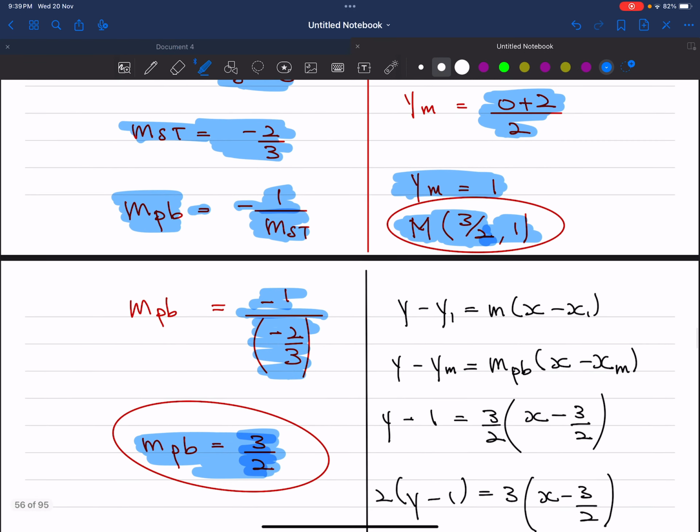Next, we want to find the equation. The formula for a straight line equation is y minus y1 equals m, x minus x1. Of course, the y1 and x1 now will be the midpoint ym, xm, and the gradient would be the gradient of the perpendicular bisector. We just substitute.